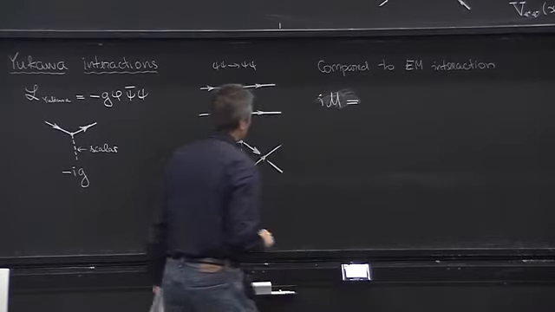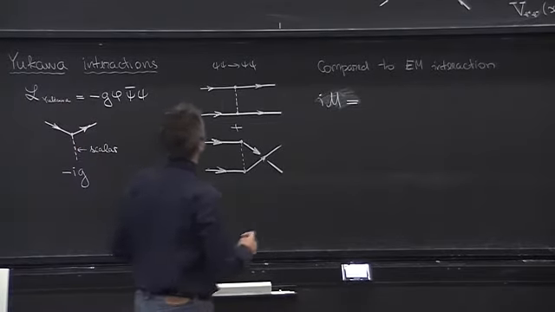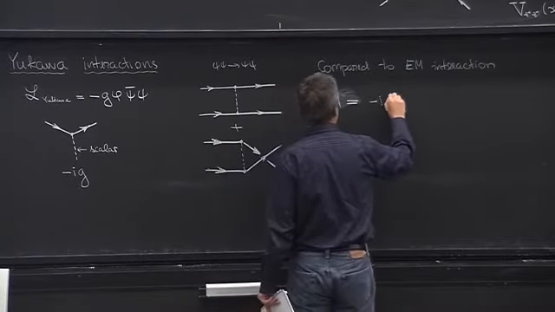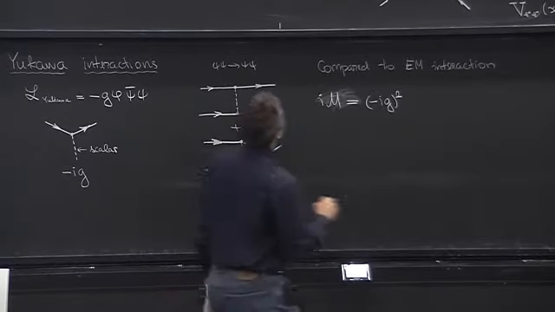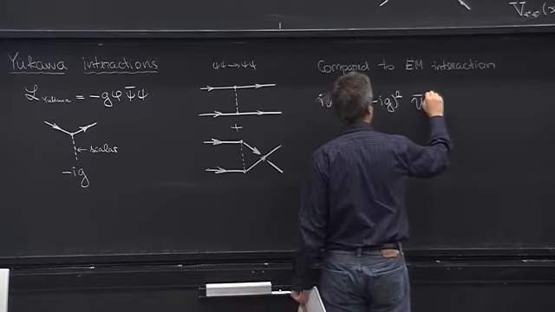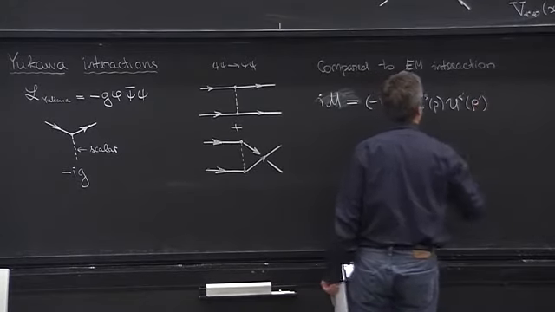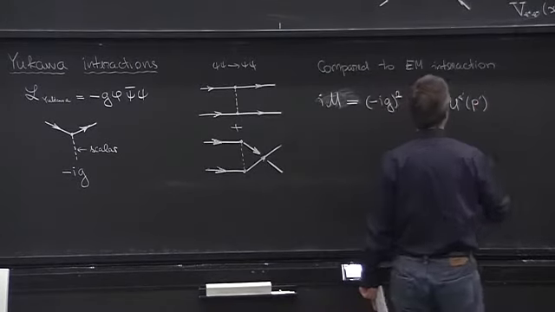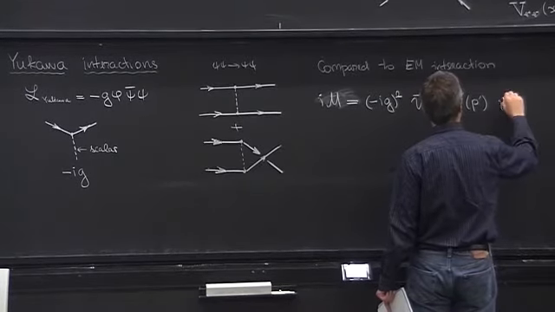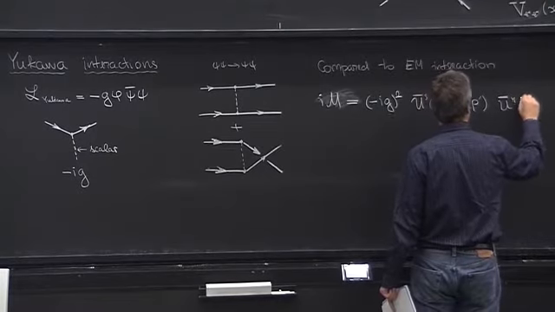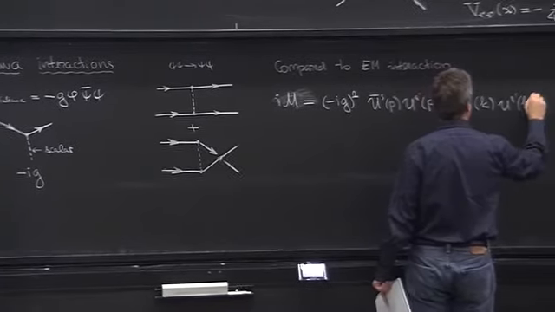First of all, we need to get rid of the gamma matrices. So this will be (minus iG) squared, then u bar s of p u s prime of p prime, then u bar r of k u r prime of k prime.